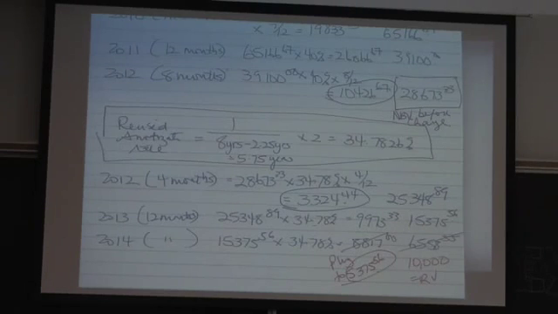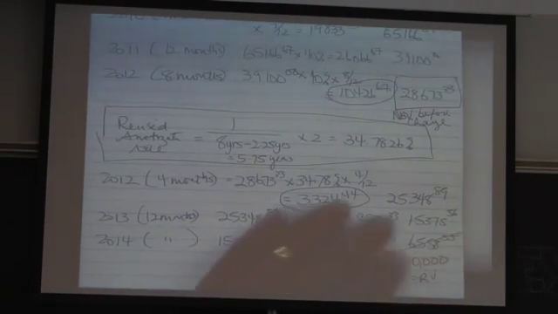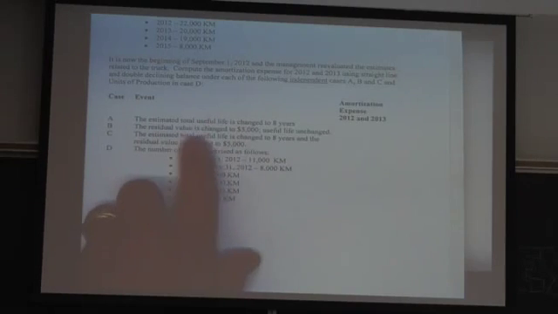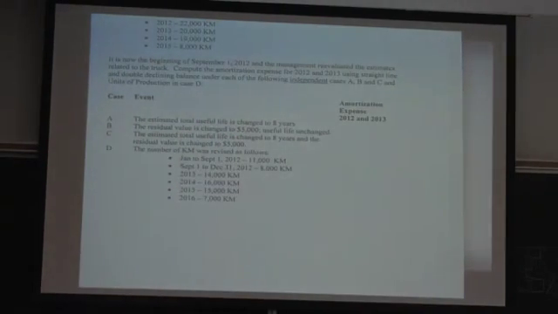Now, let's look at case B. Case B, let's go back to the question. And it says case B says the residual value is changed to 5,000, but the useful life remains unchanged.